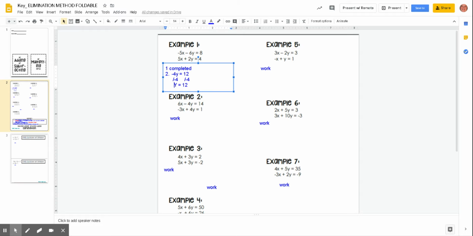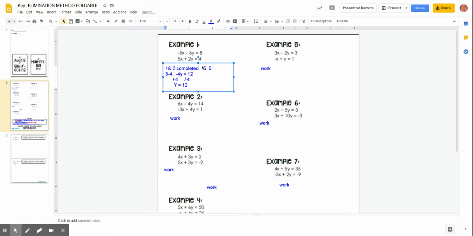So 1 and 2 were completed for us. This was step 3 and 4. And so I just have step number 5 left. I'm going to do that over here, substituting that y equals 12 back in. I pick one of the equations. It doesn't really make a difference. I'm going to go with the bottom one.